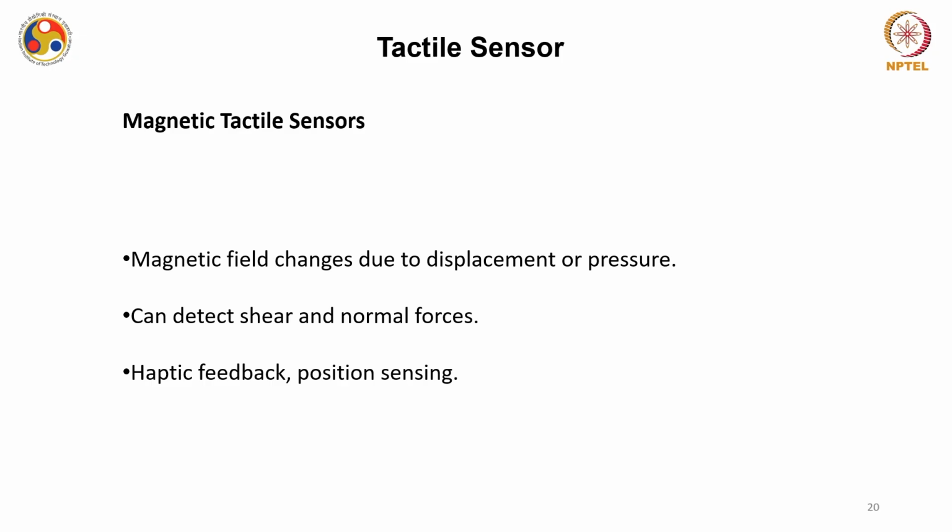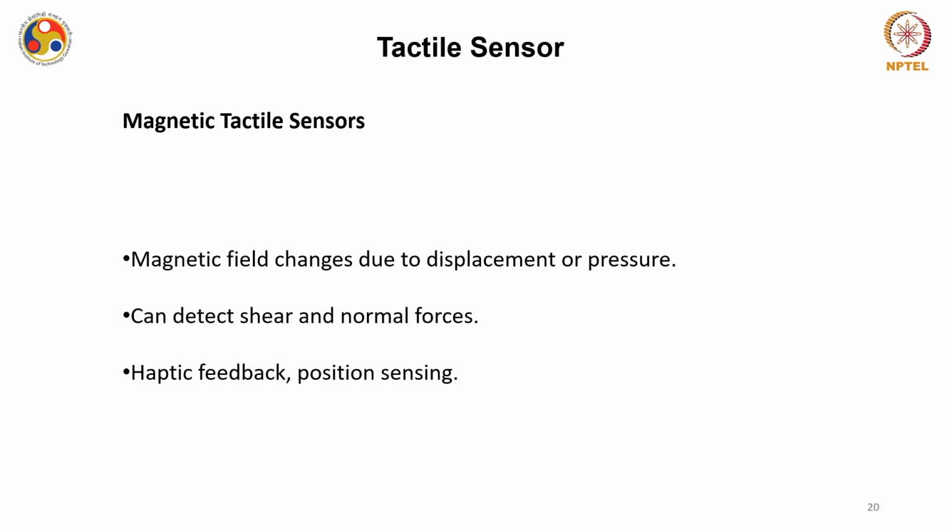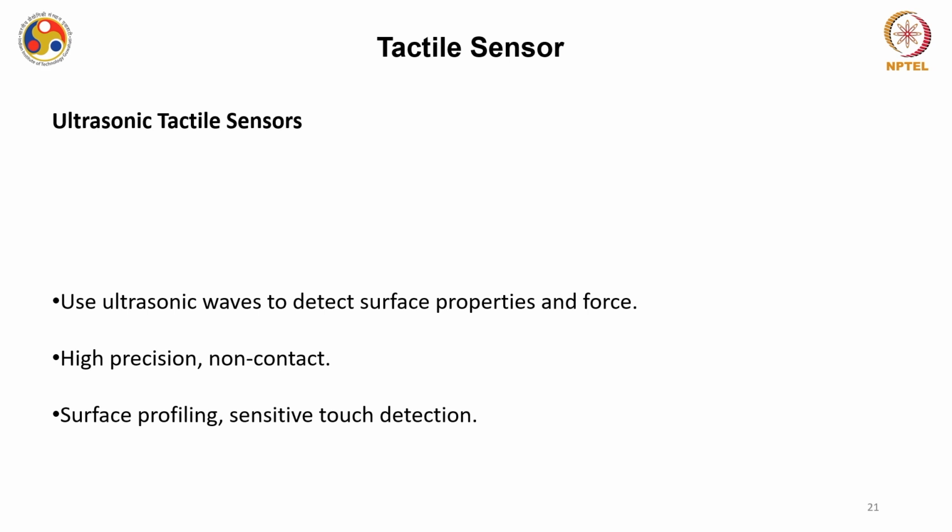Usually shear forces are a little difficult for other kinds of devices like capacitive or resistive sensors, but for magnetic tactile sensors shear forces can also be detected. That is why it has found applications in position sensing. And in our mobile phone, if you see, there is some haptic feedback when you touch. This haptic feedback is basically an effect of a magnetic tactile sensor.